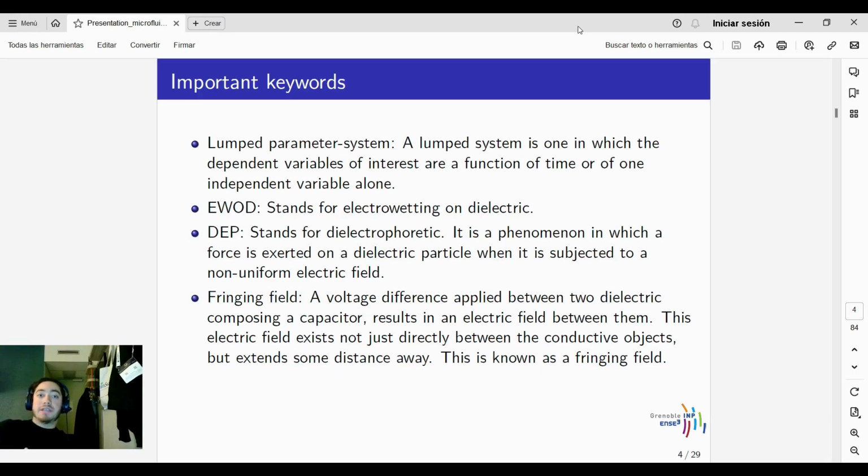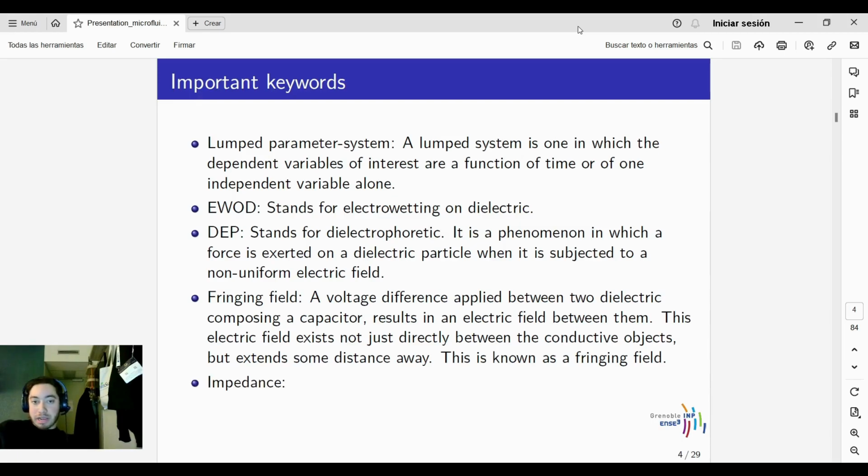Nevertheless, in reality, it can be observed that the electrical field that is generated between the two dielectrics does not only exist in the place between them, but also some distance away. This electrical field that is generated some distance away from the dielectrics is what is called the fringing field.